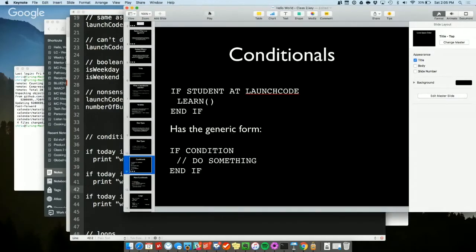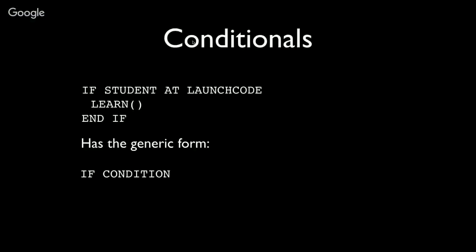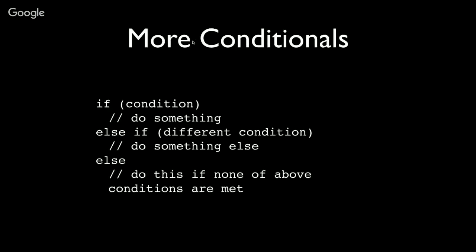Another way to look at conditionals, or another more complex way of creating conditionals that allows you to be a little bit more efficient. And this allows us to do things using if and else. Else is something we didn't talk about last time. So I said that I can write, say, if condition, do something. And if the condition's true, that something will happen.